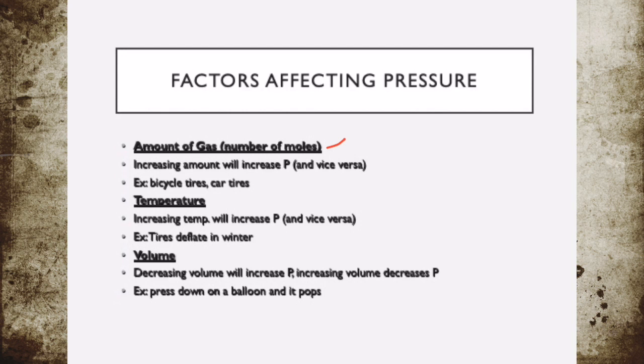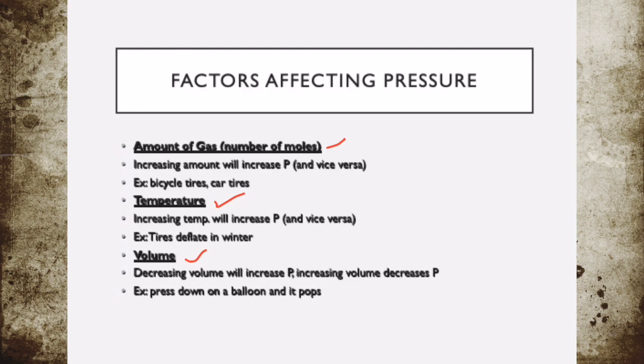The next factor that affects pressure is temperature. The increase in temperature will also increase the pressure and vice versa. For example, your tires deflate in winter. The next factor that affects pressure is volume. The decreasing volume will increase pressure.